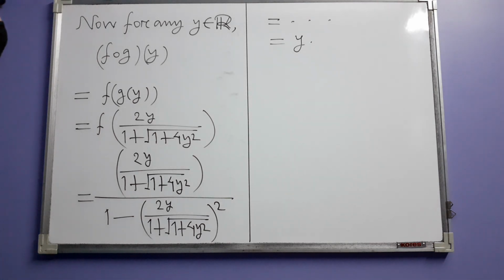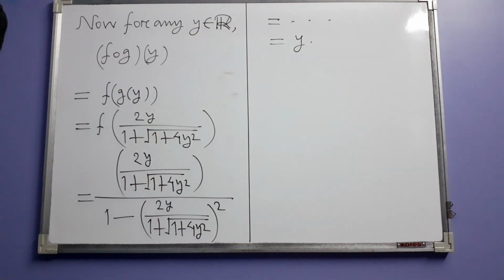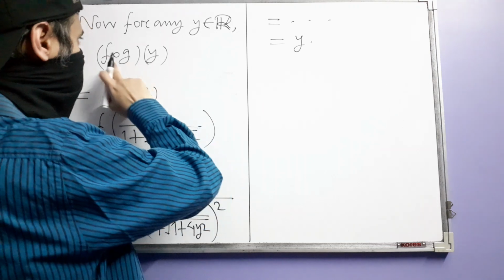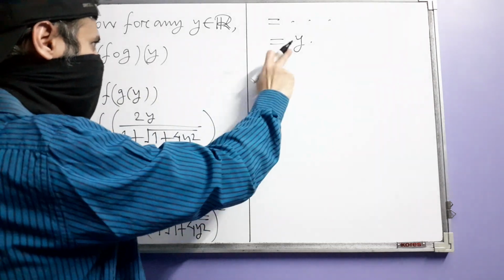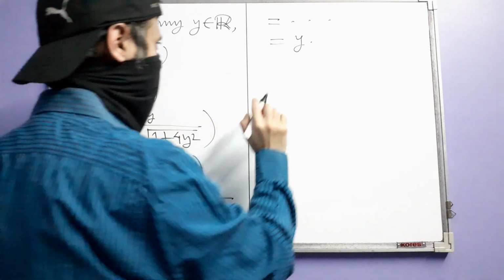And that proves, see, we have taken y as any real number. This means that no matter what y you choose, applying f composition g on y gives you back y, if you believe that this is true.